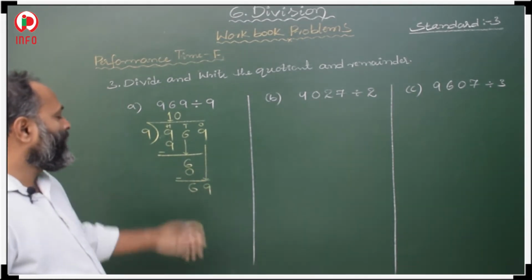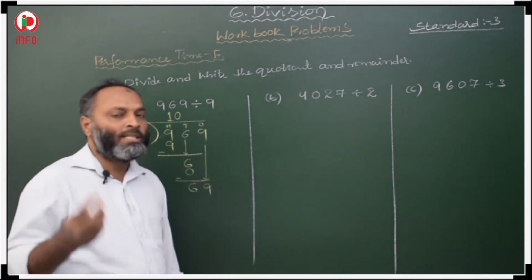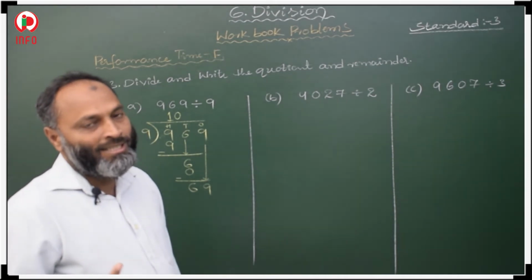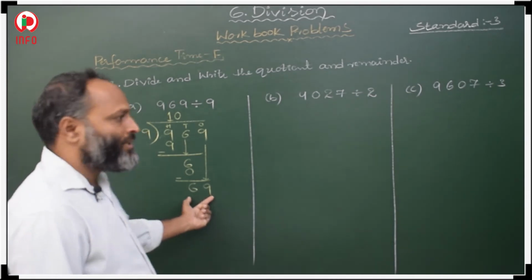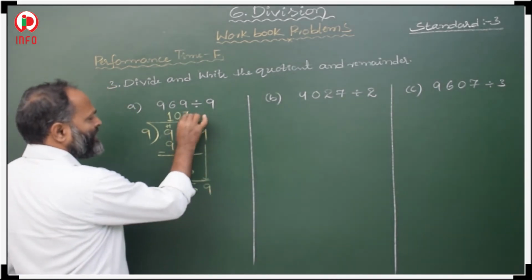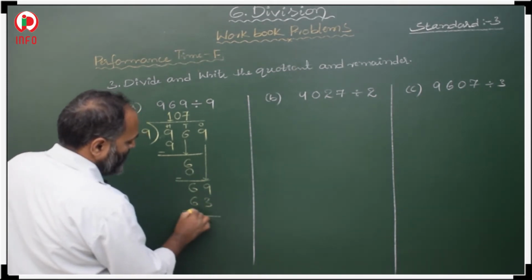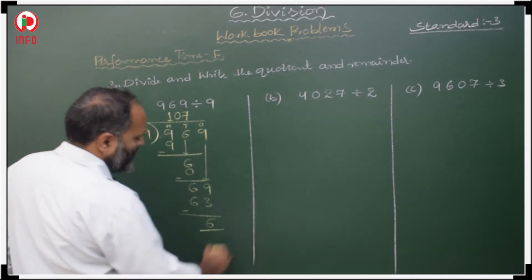In the 9 table, when will you get 69, 9 5s are 45, 9 6s are 54, 9 7s are 63, 9 8s are 72, that is more than this. So 9 7s are 63, 7 here in the coefficient. Then minus, 9 minus 3 is 6, 6 minus 6 is 0, no need to write.